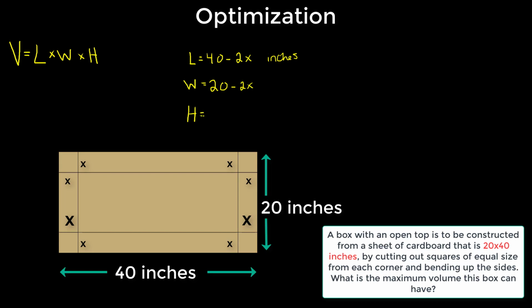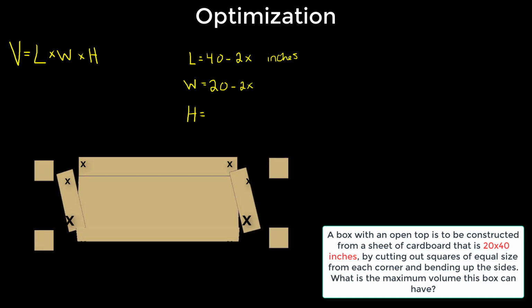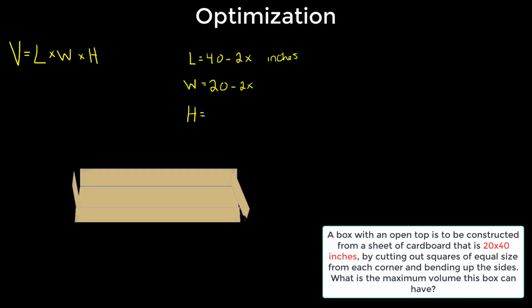So height equals, well, what would the height equal? That's a good question to ask. And sometimes it may not be so easy to visualize. But don't worry, I gotcha. Because after we take away those square cuts from each corner, we're told that we're going to be bending up the sides to create that open box. Look at that.